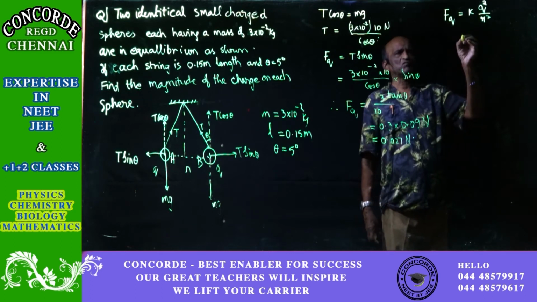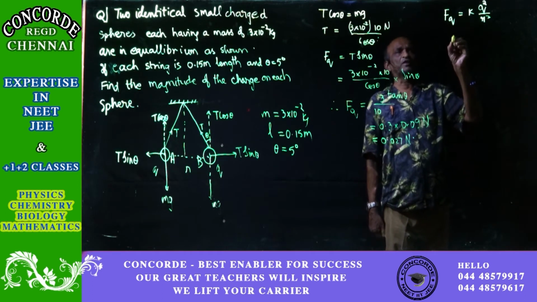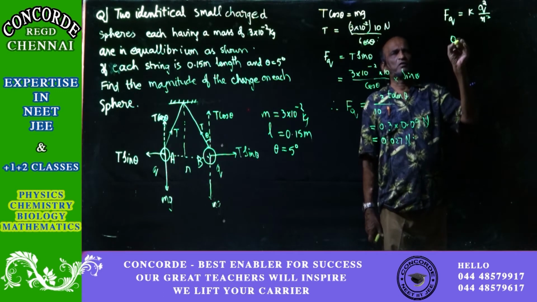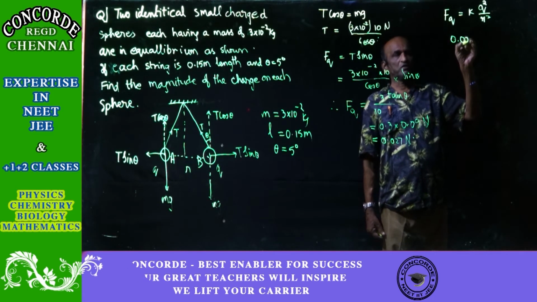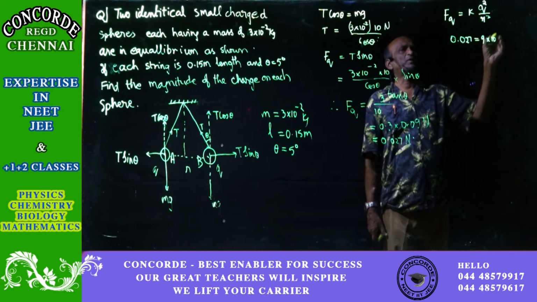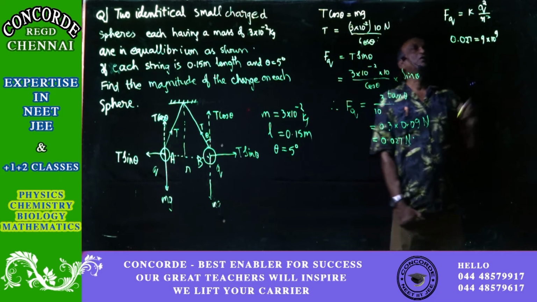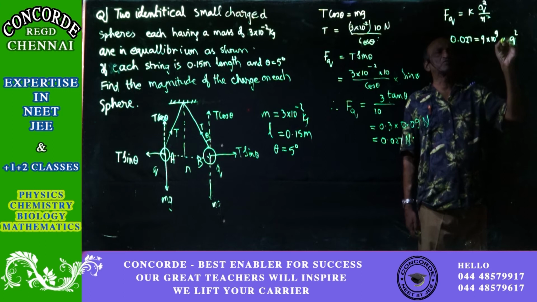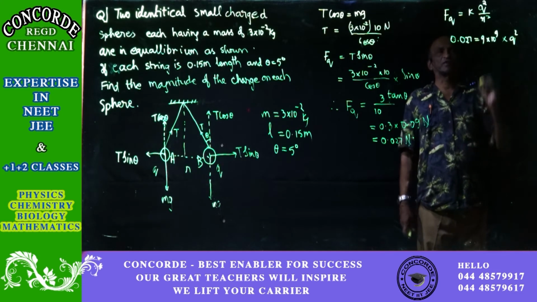So what we will get is 0.027 is equal to 9 into 10 power 9 into Q squared, divided by R squared.